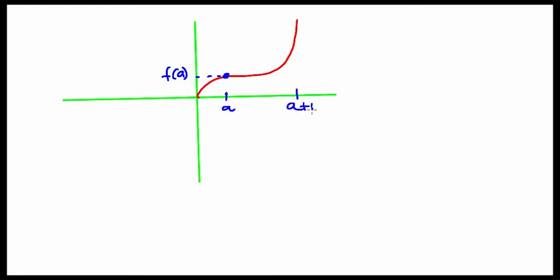It's going to be a plus h. Think of this as x1 and this as x2. This is y1, and right here it's going to be f of a plus h.